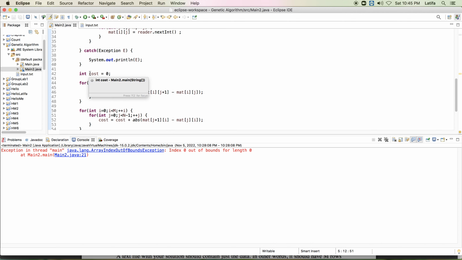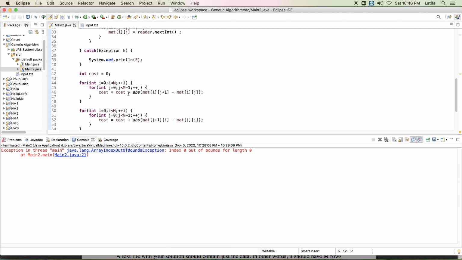I have initialized the cost to 0, and then again I have traversed the number of rows and the number of columns using the for loop, and I have calculated the cost, which is equal to the initial cost, that's 0, plus the absolute value of the second number of the matrix minus the first number.